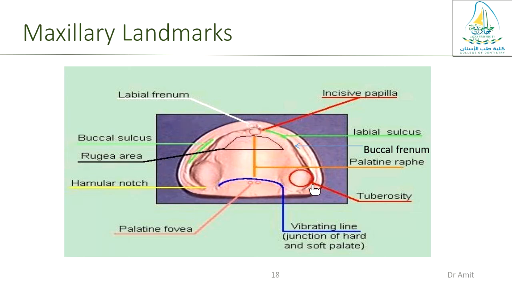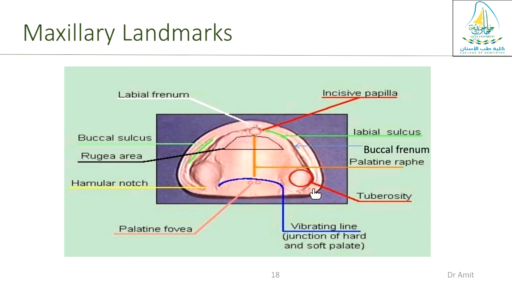Now when we fabricate our complete denture, that complete denture will be replacing whatever is the missing structures of the bone as well as the teeth. So it will have flanges, and it will also have the teeth. So the areas which will limit the extension of our denture are known as the limiting structures.